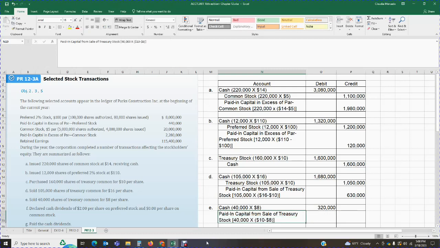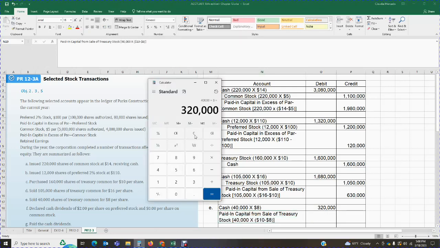It was valued at 10, and I sold it for 8. So that's a $2 discount times 40,000 shares. That's going to give me a discount of $80,000.